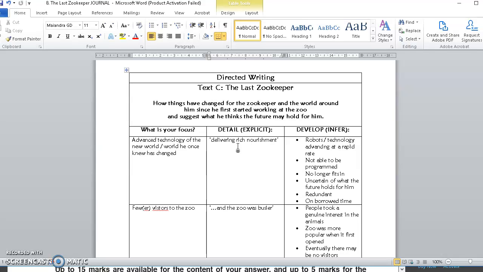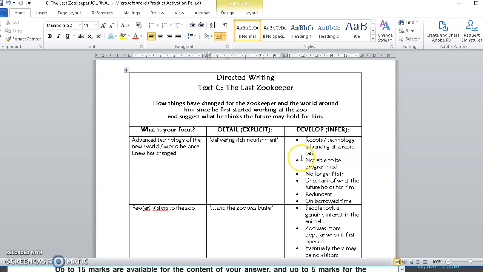So the fact that the father and son are not eating in the normal way that the zookeeper is used to, it's suggesting that, as I've said, robot technology is advancing at a rapid rate.